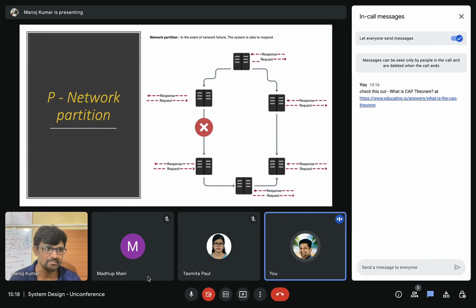Is it a consistent system being asked about, or a high availability system? Then use the trade-off between consistency and availability and put forward your solution on that principal foundation. This way you will be able to design, and you will also be able to prove your architecture skills.